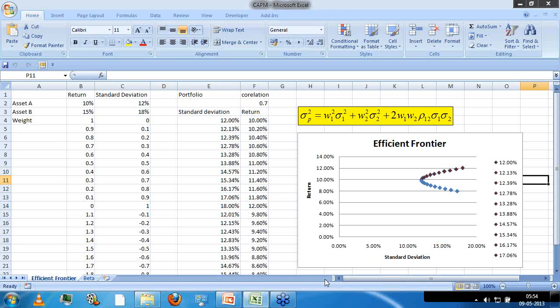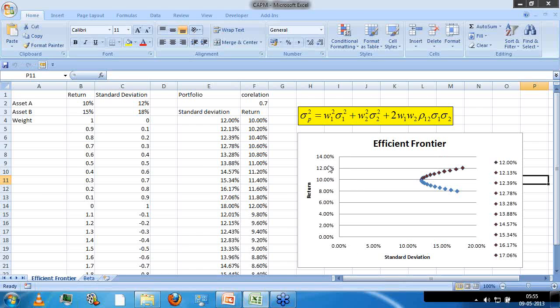But if you had gone for a portfolio with a low negative correlation, then if one stock was falling, you could have recovered the losses by the increase in the stocks of other assets, because the stocks are negatively correlated.